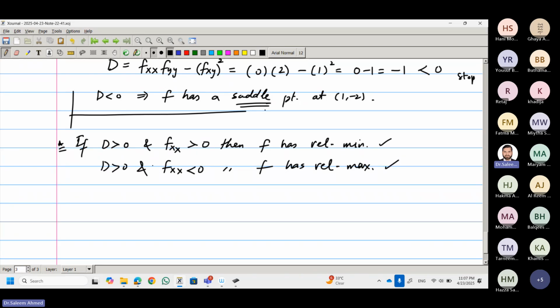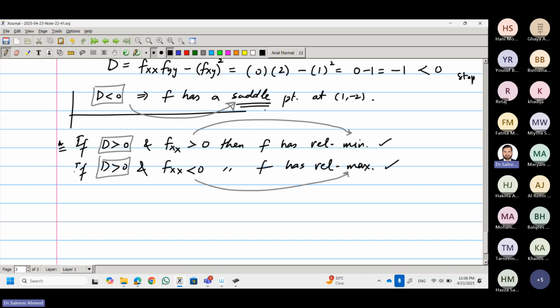But then fxx will tell you: if it is positive, it gives you a minimum, and if negative, it gives you a maximum. And for both of them, D is always positive, because if D is negative, you have a saddle point. So this is the criteria.